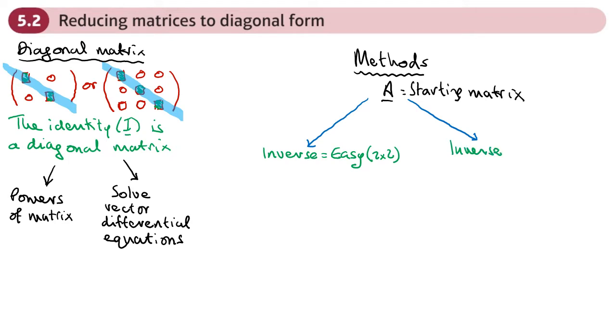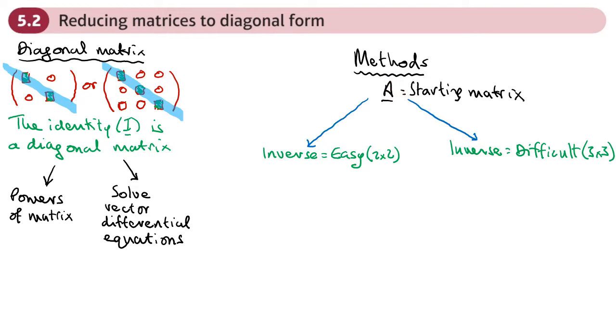So for example, in a 3 by 3, without a calculator, it's time consuming and fiddly to find the inverse of a 3 by 3 matrix, then we're going to use this method here.